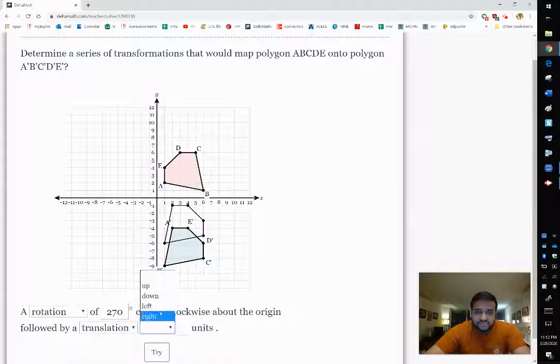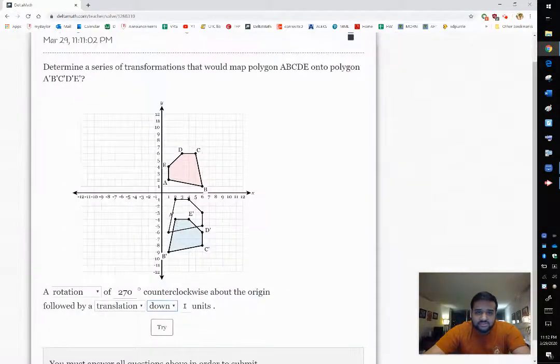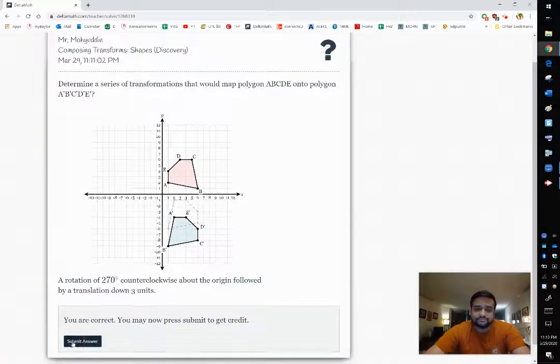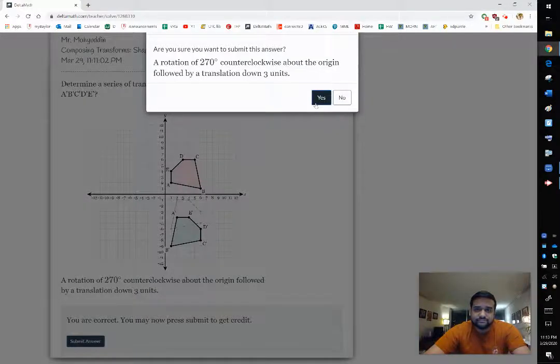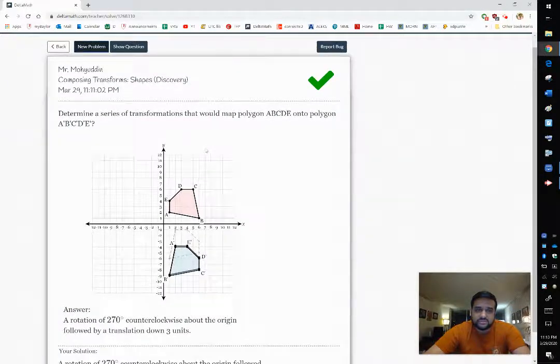It needs to move down. And if I look carefully here, it looks like I need to move down 3 units. So rotate and translate. Awesome. Rotate and translate.